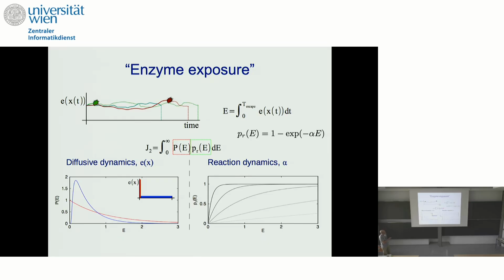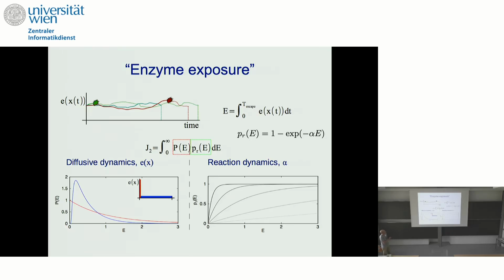We have the reaction probability for a given enzyme exposure, which is given by this simple function, namely one minus exponential of reaction rate times enzyme exposure.